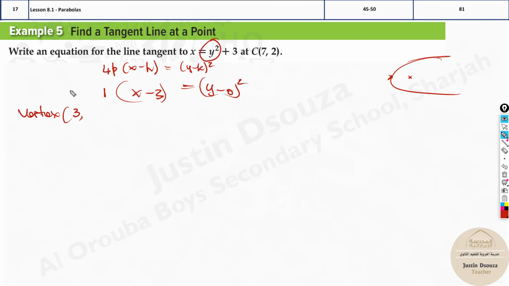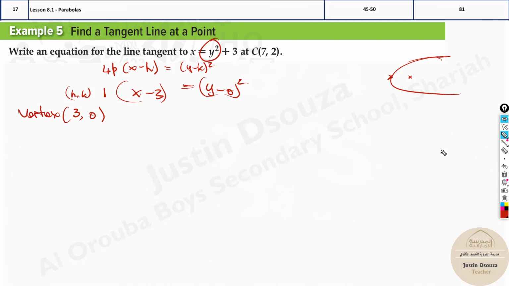Okay, h. Vertex is h comma k, right? So now over here we have 3 and minus 0, it is 0. That's 3, 0 is the vertex. Now if at all it was positive 3, then you have to write over here minus 3. Why? Because it's supposed to be minus. So just change the sign. But remember, if it is plus, you write minus here. If it is minus, you write plus here.